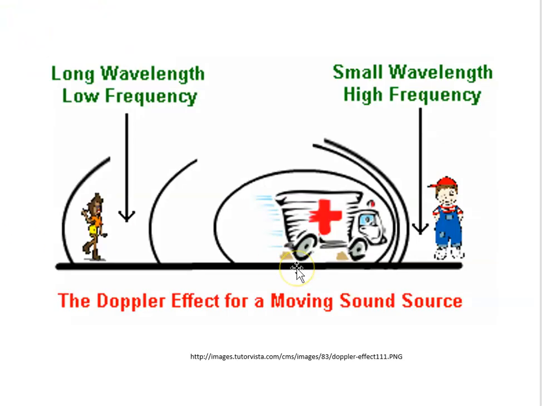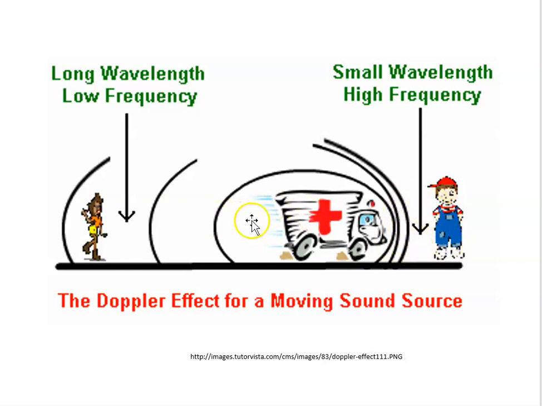You'll all have seen the Doppler effect with an ambulance either coming towards you or going away from you. When the ambulance is coming towards you, the sound waves are compressed because it is emitted from an ambulance travelling at maybe 50 meters per second, so you've got a shorter wavelength and a higher frequency.